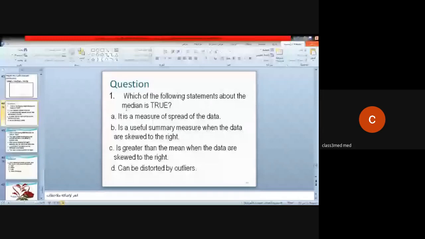B: it is a useful summary measure when the data are skewed to the right. This is the right answer because, as I mentioned, the median is not affected by extreme values. So when we have a skewed distribution, whether to the right or to the left, the median is a good choice as a summary measure of central location.